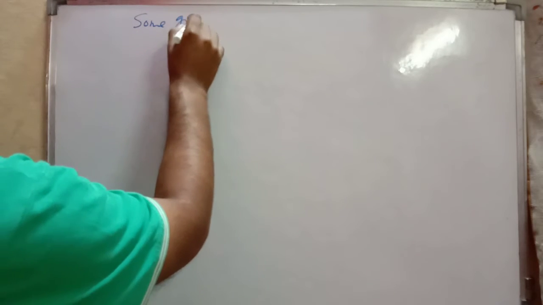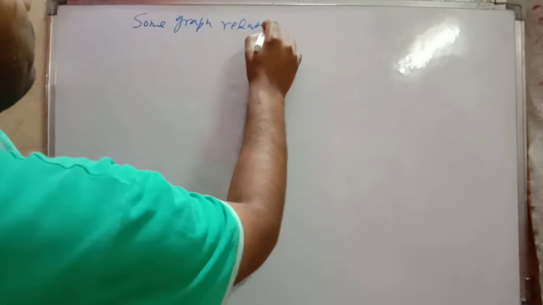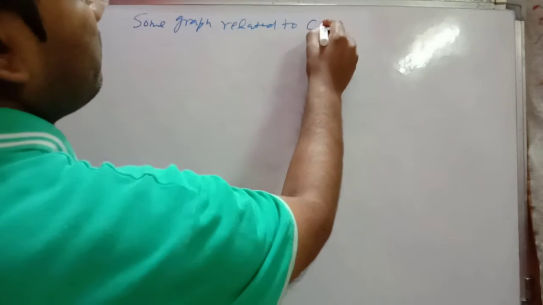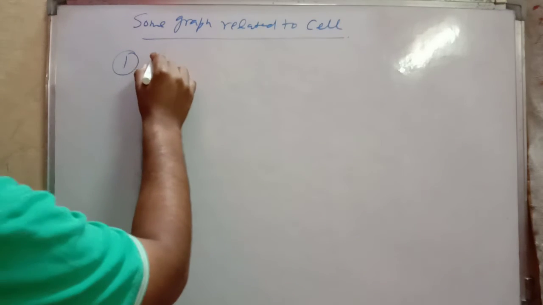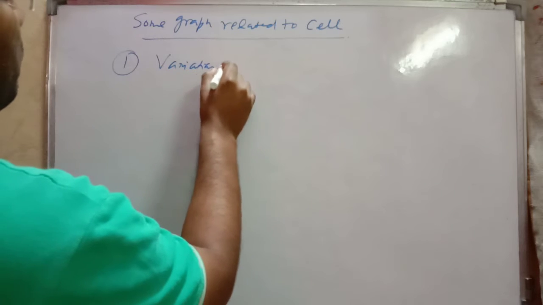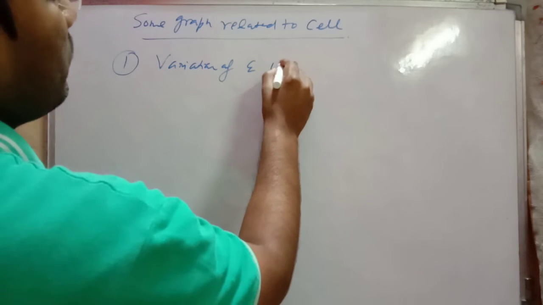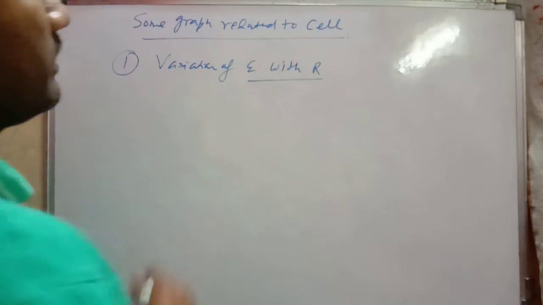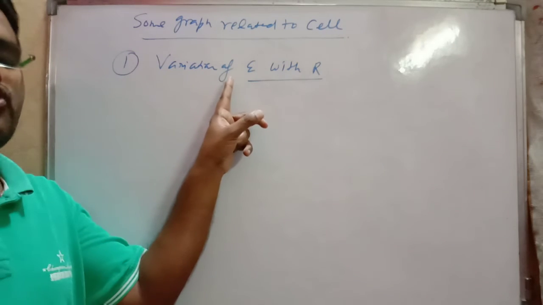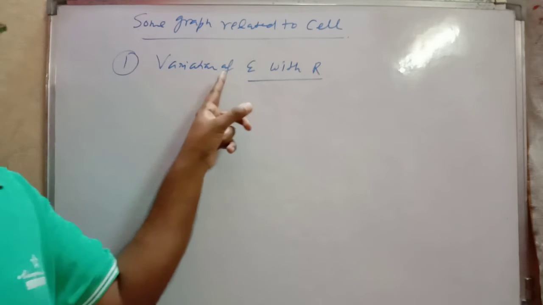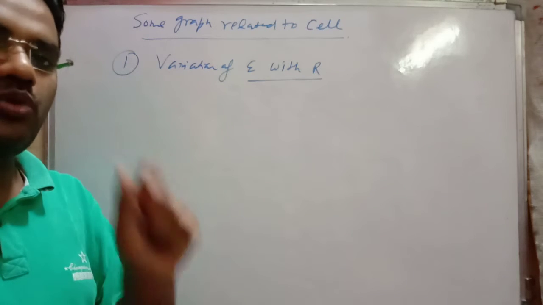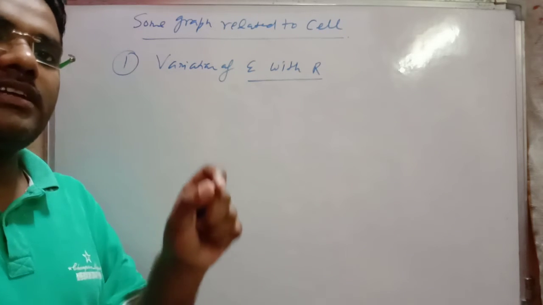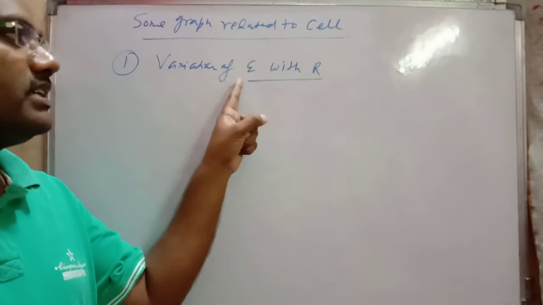Now some curves, some graphs related to cell. First one is the variation of E with capital R. By definition of EMF of cell, if there is no electric current in cell, then terminal potential difference of cell is called EMF.